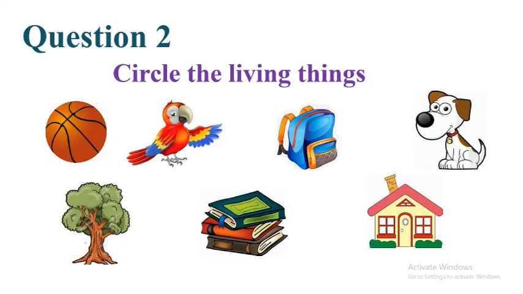Tree. Is a tree a living thing or not? It is a living thing. Which objects do we need to circle? Bird, dog, and tree. Yes, right.